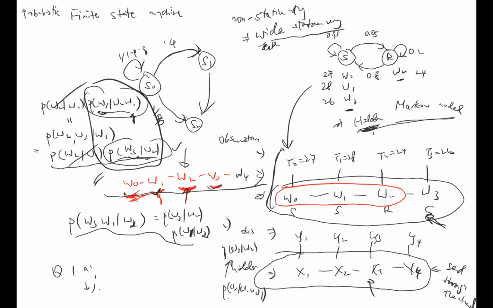So let's see. W1, W2, T2. So is this a valid Markov chain?